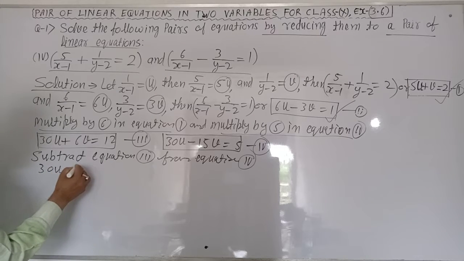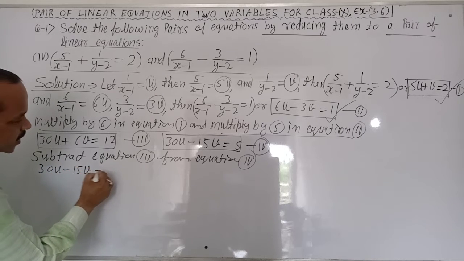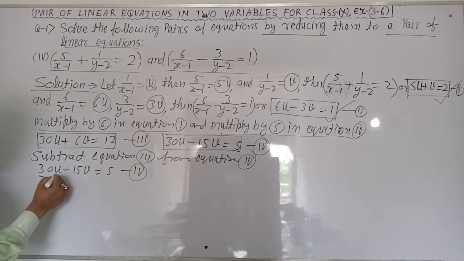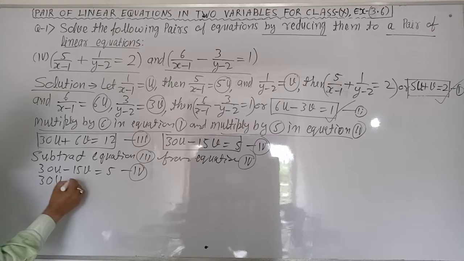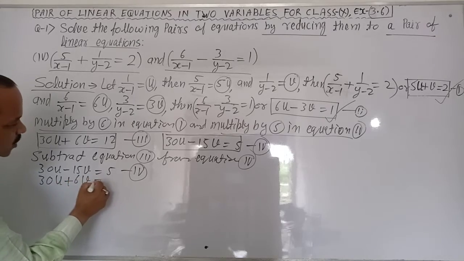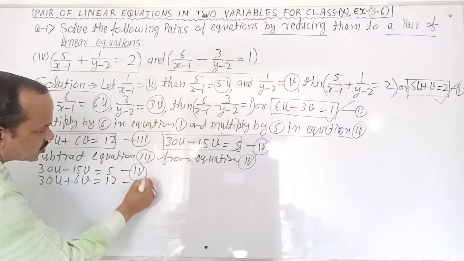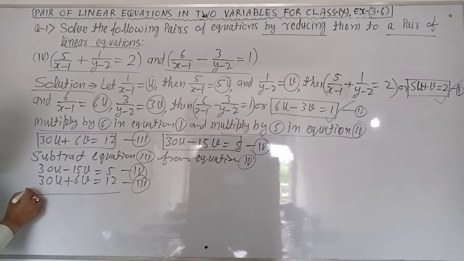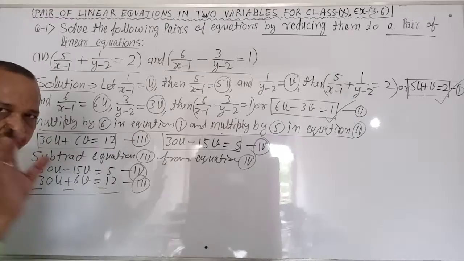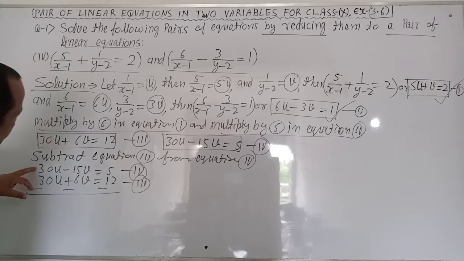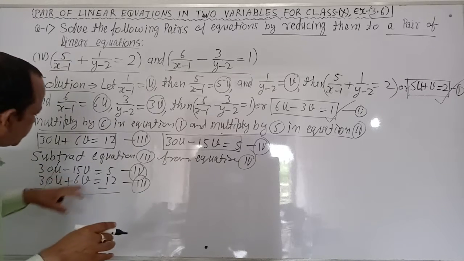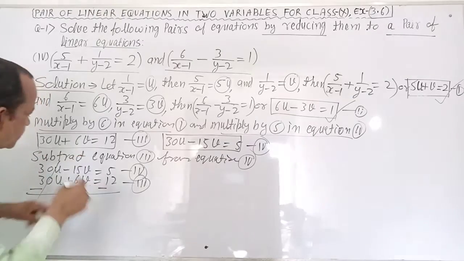30u minus 15v equal to 5, equation fourth. 30u plus 6v equal to 12, equation third. Draw a line and change its sign. Here minus and here minus. You can cut plus 30u minus 30u. Clear? Here minus 15v and here minus 6v, you add it.